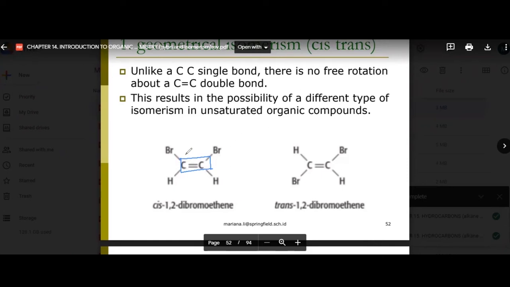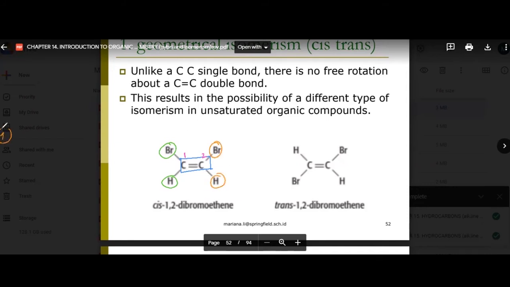In this case, let's say this is the first carbon of the double bond and this is the second. The first carbon is connected to one Br and one H, which differ from each other. Once again, cis-trans isomerism arises because the C=C carbon is connected to two different groups. How about the second carbon? It is also connected to two different groups.